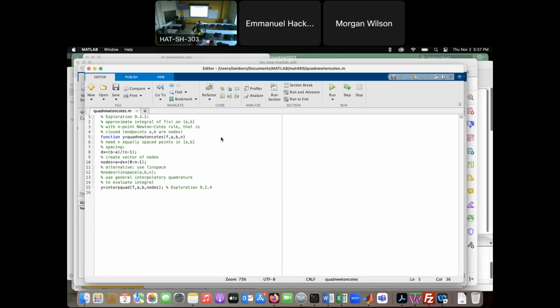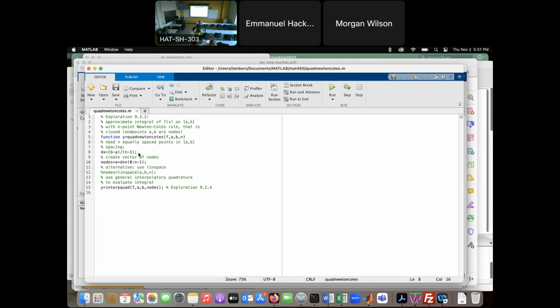So what we need is a vector of n equally spaced points in the interval [a, b] that include the endpoints themselves. The spacing between them is given by dx, which is b minus a divided by n minus 1.